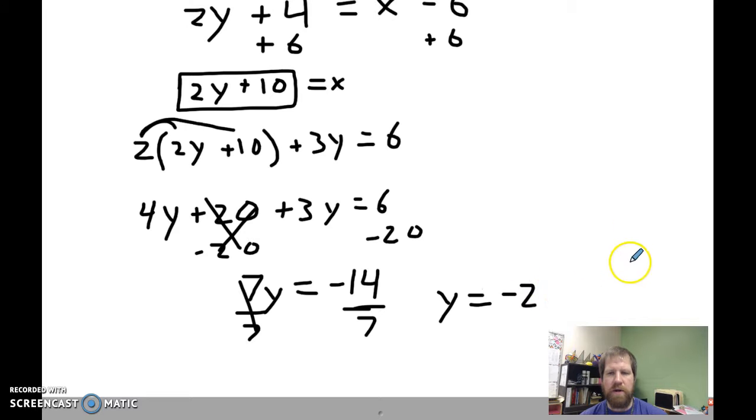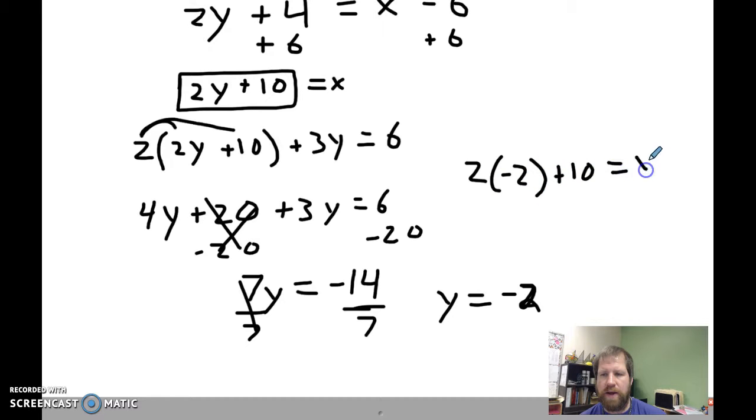Now I bring that back up to my equation that I was substituting and plug negative 2 in. A bit more obvious too, it looks like a z. There you go, negative 2 into this equation. So I have 2 times negative 2 plus 10 is equal to x. 2 times negative 2 is negative 4, plus 10 equals x.